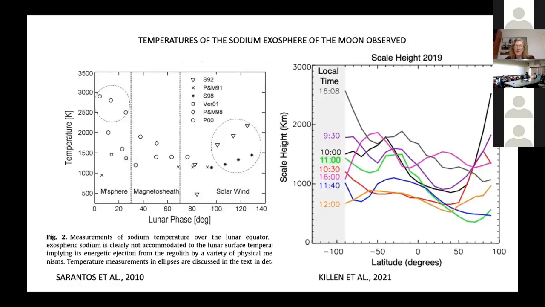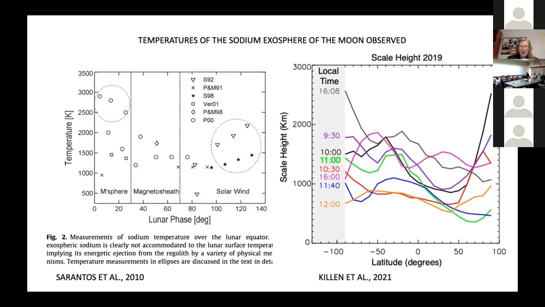Okay, so this is about the moon again. On the right, you see scale height observations that I took with a coronagraph that we built and observed the moon. And on the left, you see observations from LADEE.